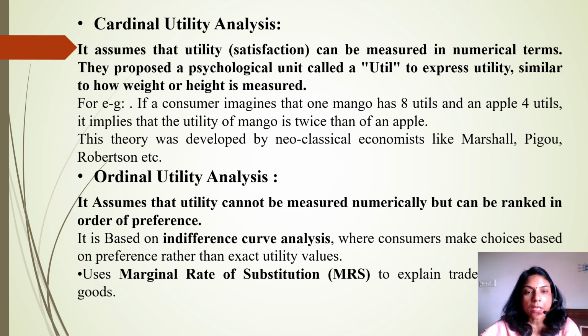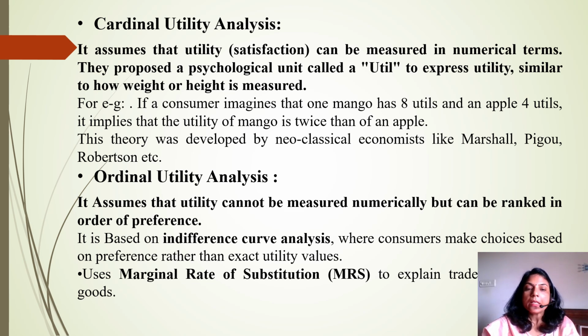It proposed a psychological unit called a util. How to calculate the satisfaction level? By this term util, which expresses utility similar to how height or weight is measured. In the same way, satisfaction can be measured as per cardinal utility analysis.